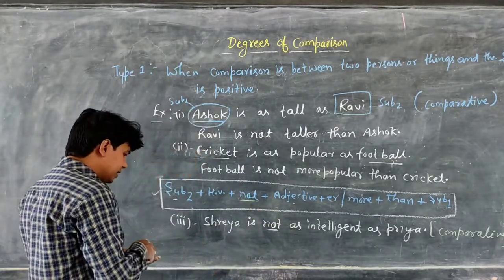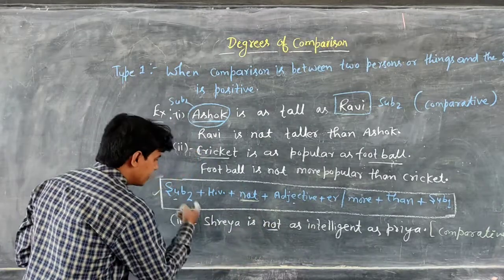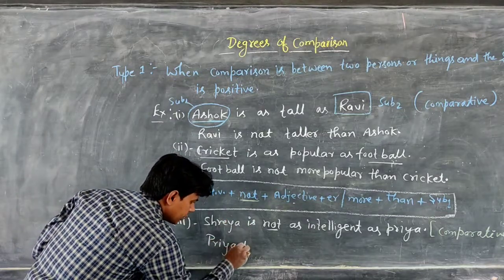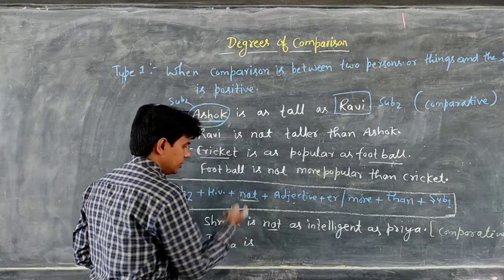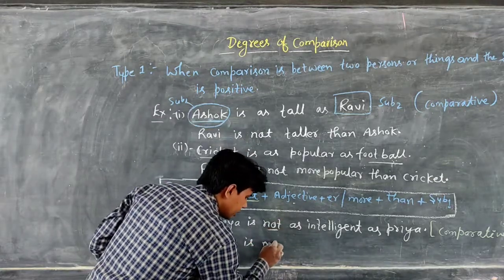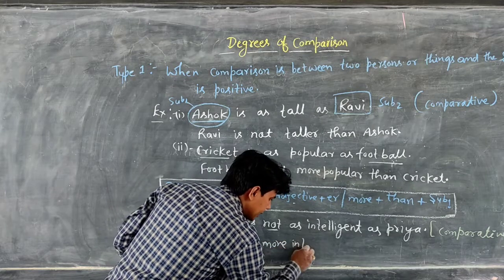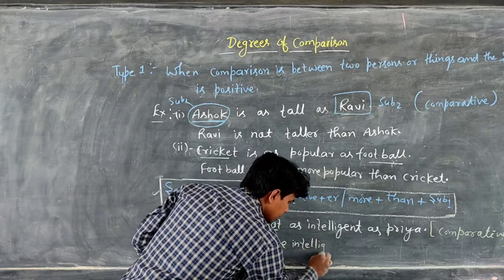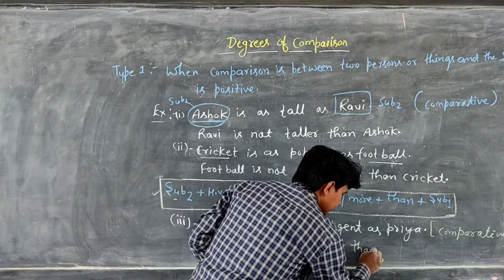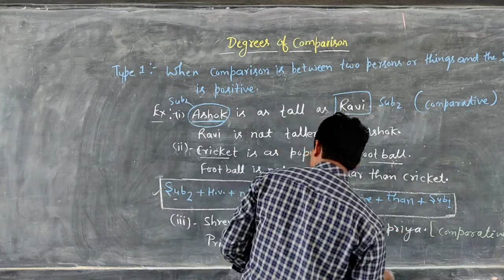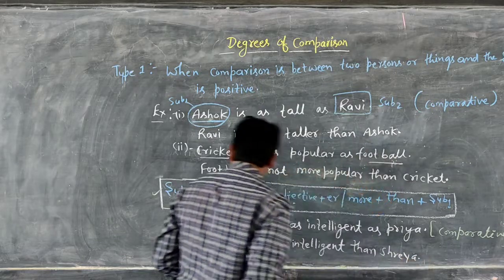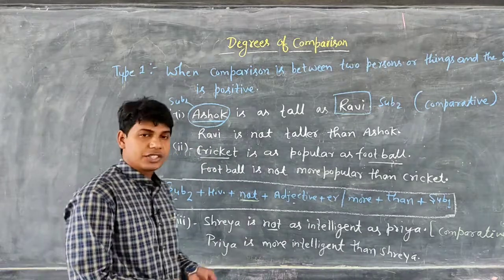So you will change the sentence with subject second, that is Priya. Priya is. What is the adjective? Intelligent. So what is the comparative form? More intelligent. After that, subject first, that is Shreya. Priya is more intelligent than Shreya.